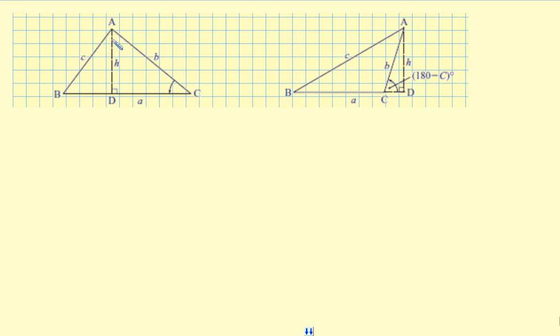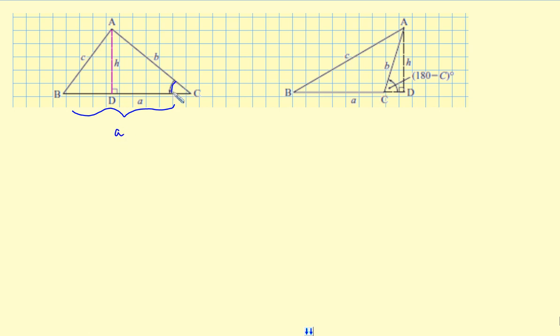I have triangle ABC, and what's already been done is that the perpendicular has been dropped from A to D, and I'm going to call that h. If I follow the labeling that we did before, if this is angle A, then all of this is going to be side a.